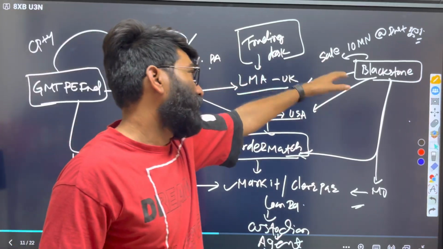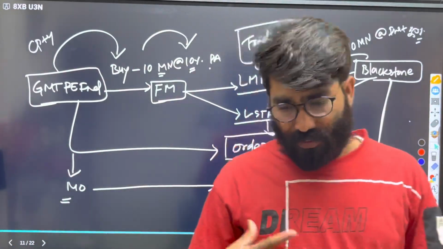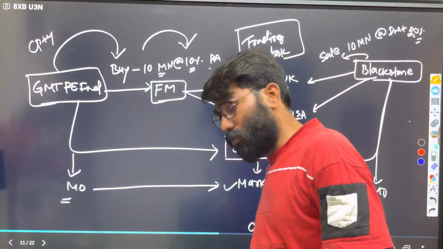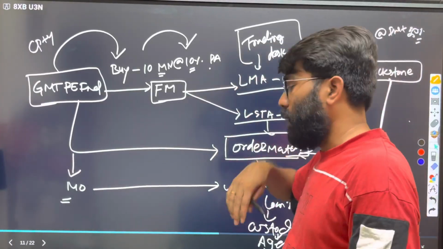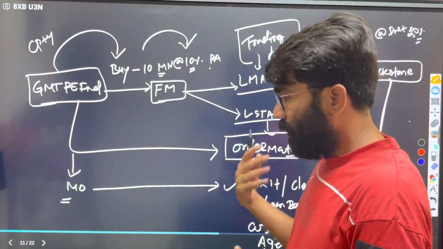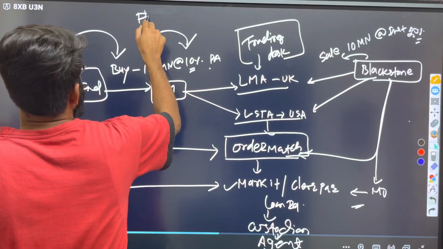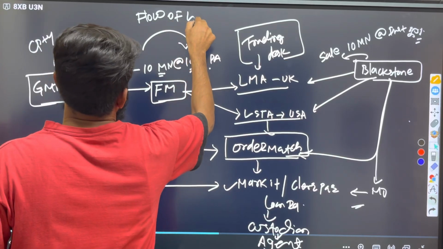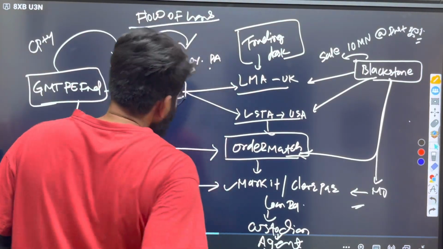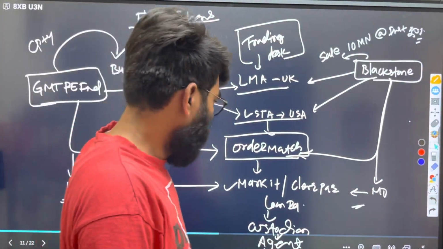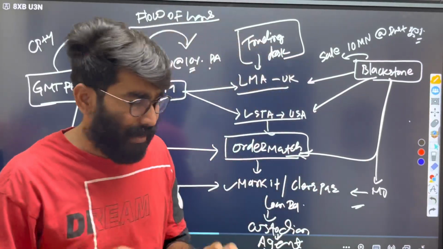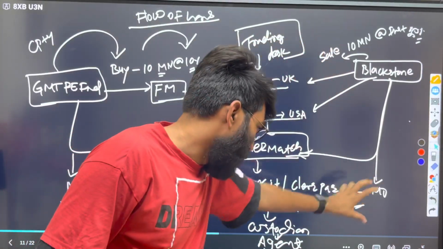They maintain the data and provide that information to stakeholders, investors, or other counterparties who are looking for that information. So this is how you would see the flow of loans in the market.